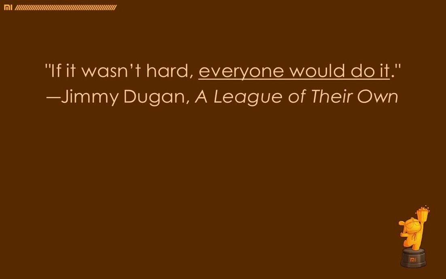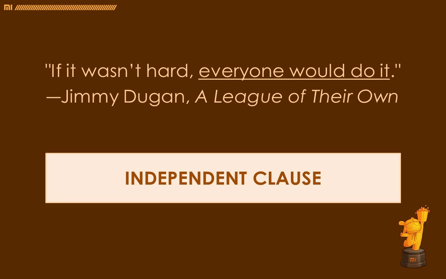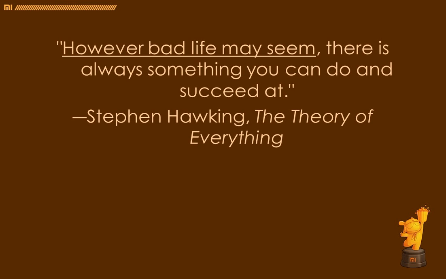Number 3. If it wasn't hard, everyone would do it. The underlined clause in this sentence is everyone would do it. Since it was not introduced by a subordinating conjunction and it is placed after a comma, this is an independent clause. Number 4. However bad life may seem, there is always something you can do and succeed at.